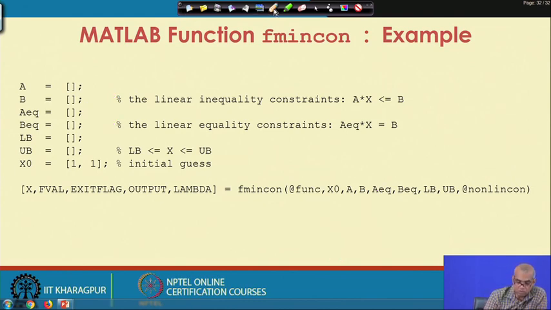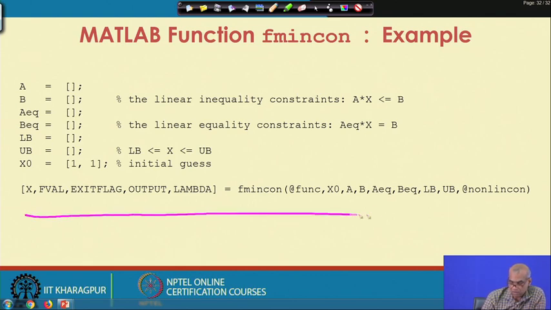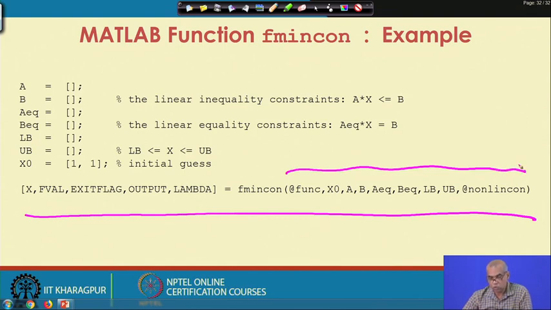Now, you call the fmincon solver. Note that this sequence is very important. You must supply all the arguments strictly in this sequence. So, when you do not have A, B, even then you have to define like this.